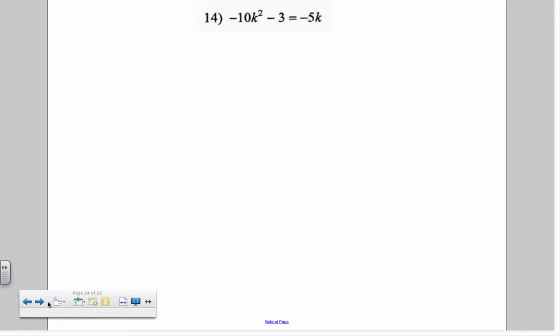Number 14. We take a look here. It says negative 10k squared minus 3 equals negative 5k. The first thing that I recognize is that it's not in standard form. So I want to solve to make sure that it's equal to 0. So I'm going to go ahead and add 5k to both sides.